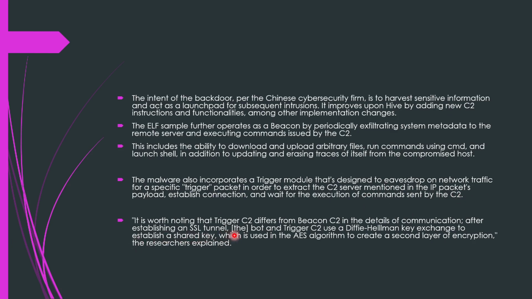It is worth noting that the trigger C2 differs from the beacon C2 in the details of communication. After establishing the SSL channel, the trigger C2 uses Diffie-Hellman key exchange to establish a shared key, which is used for the AES algorithm to create a second layer of encryption. The research explained it in detail.